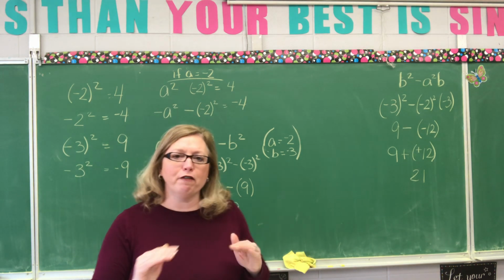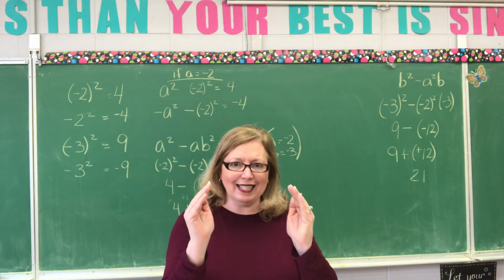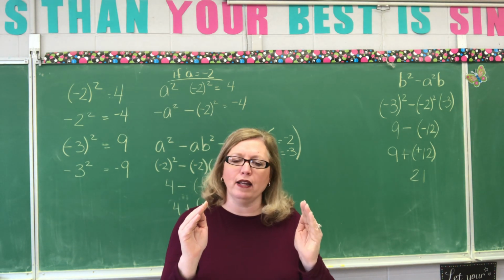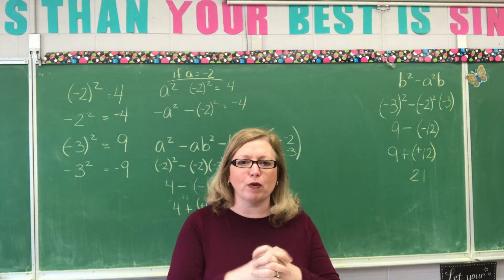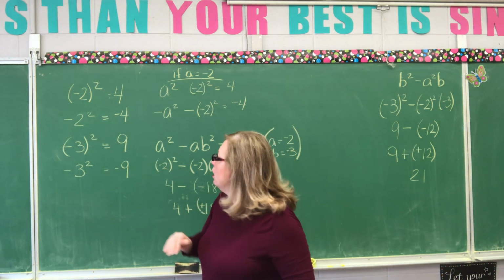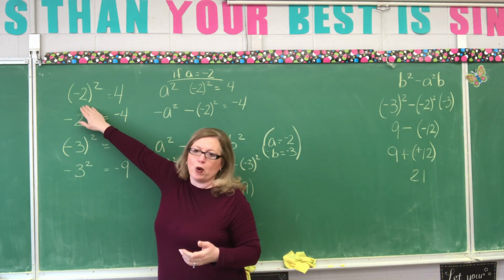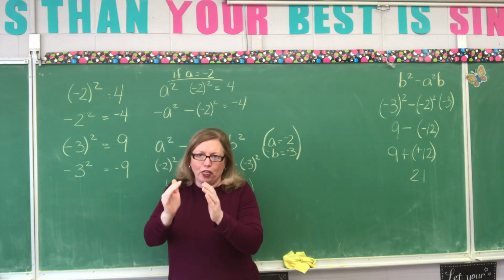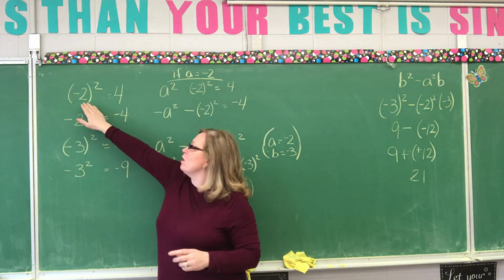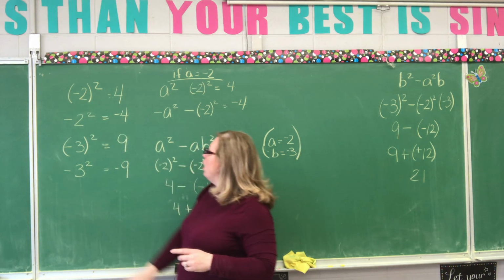Remember, if the sign is inside or protected by parentheses, then we're using that with our numbers, such as a negative 2, right here, negative 2 squared. This negative is protected by the parentheses. It means it goes with our number when we multiply. So we have negative times negative.